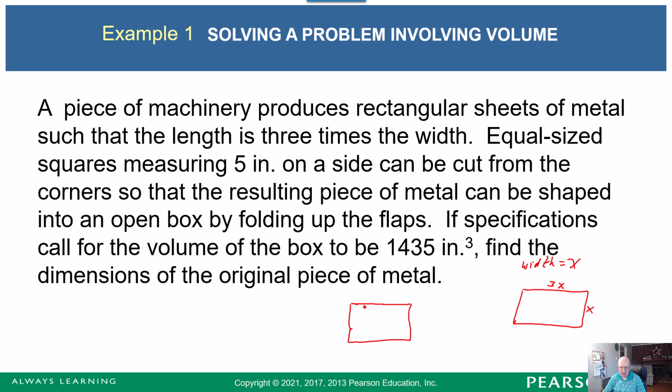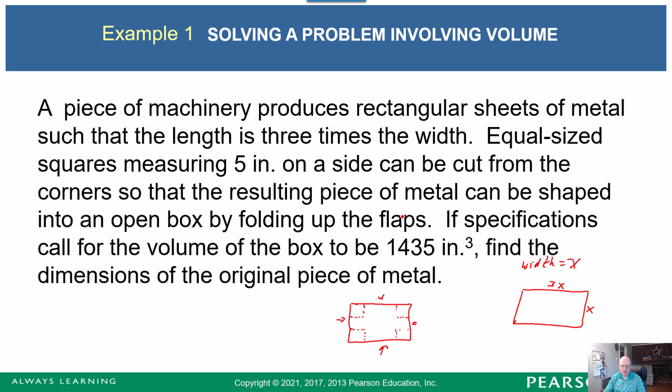We'll make this exaggerated so we can see it. So we're going to cut that out and cut this out, and here and here. Once we cut those out, we're going to lift these sides here, here, here, and here to make a box.